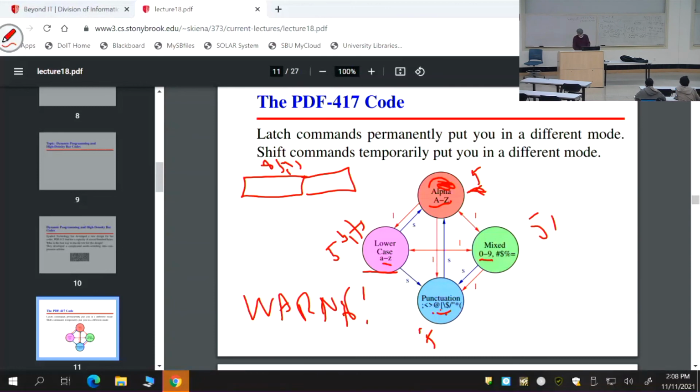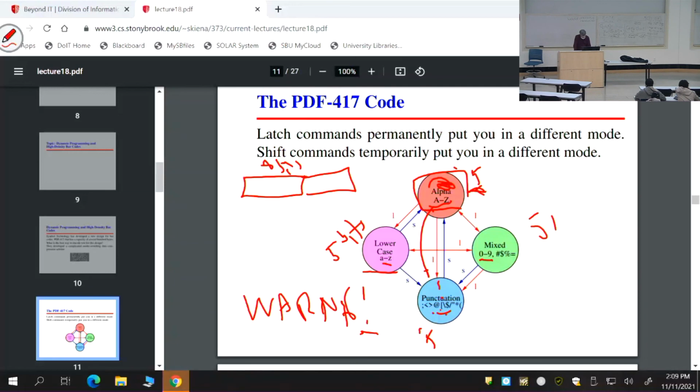If you're in the alpha mode, okay, in order to type out that one exclamation point, you pay the cost of going momentarily into this, then the cost of typing out the bang, and then you're back in there.